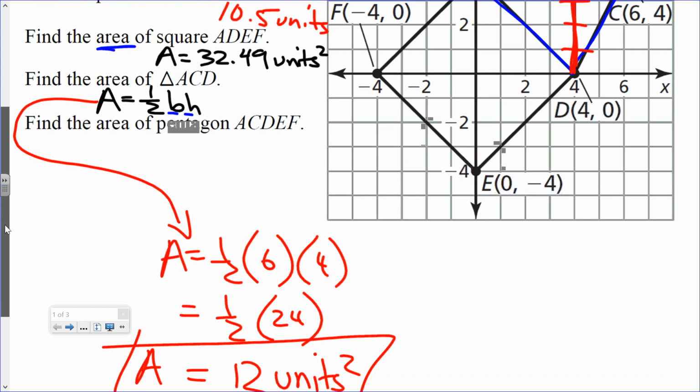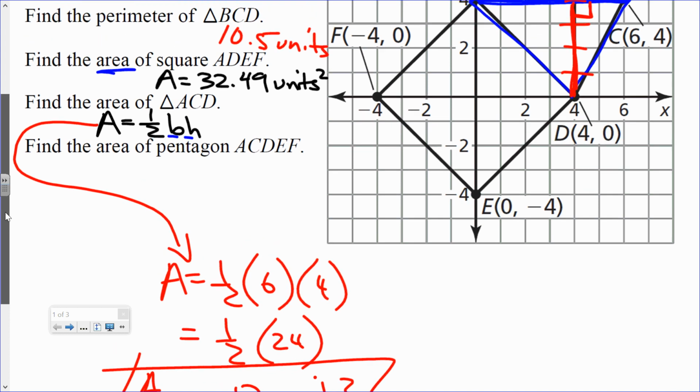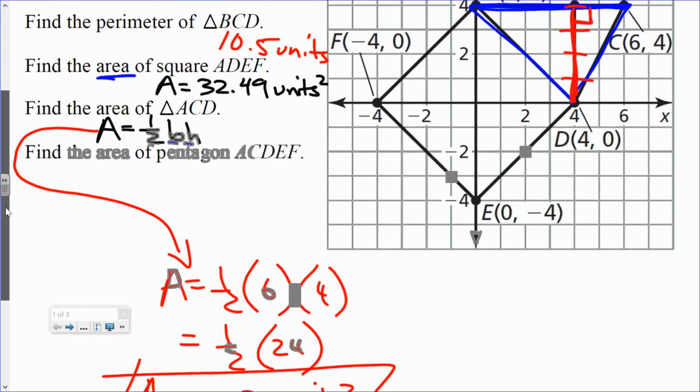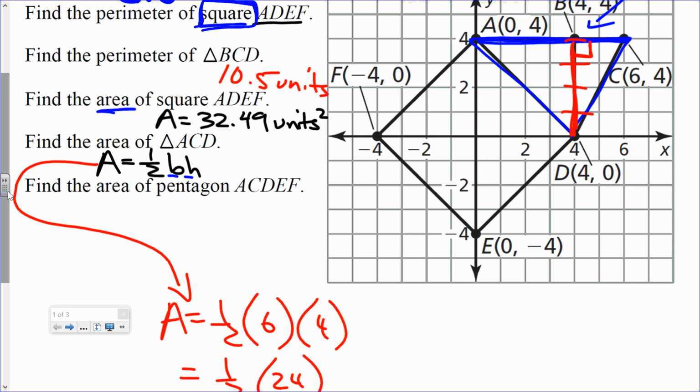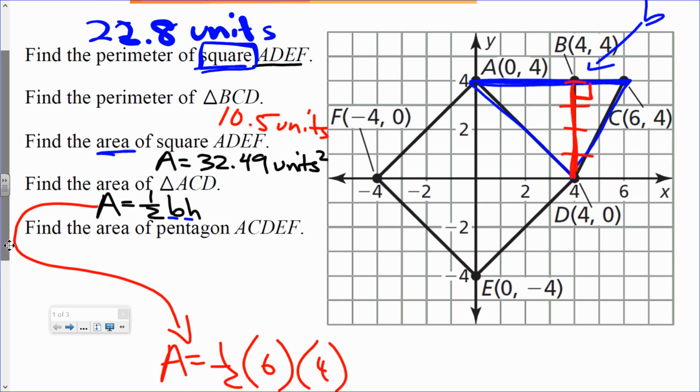Last but definitely not least is now the pentagon. The pentagon. What pentagon, you ask? I'll tell you what pentagon. Erase all my chicken scratch.